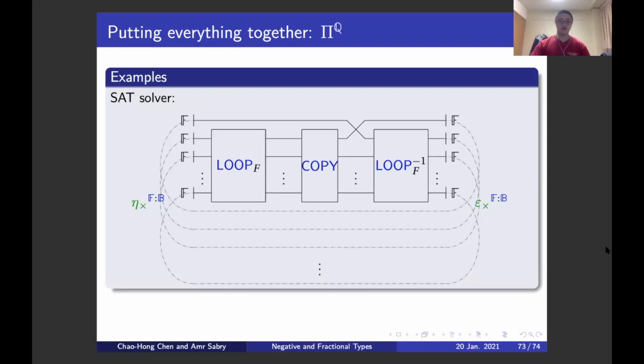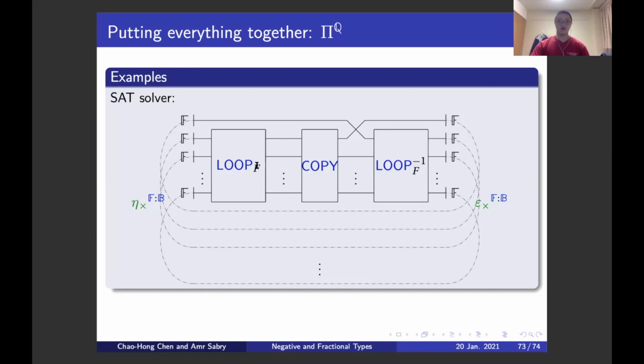As an example to demonstrate the expressiveness of PiQ, we implement a SAT solver. This SAT solver uses 2 traces, from both negative and fractional types. This loop uses trace for negatives, and here we use the trace from fractional types to create enough fresh false values and zero values so that we can produce the results we want.